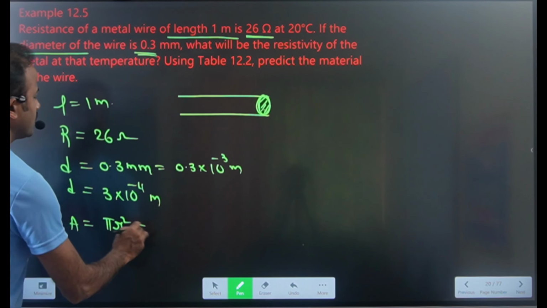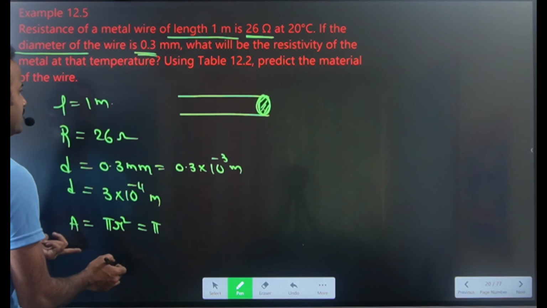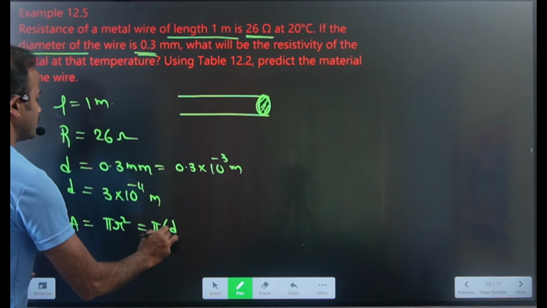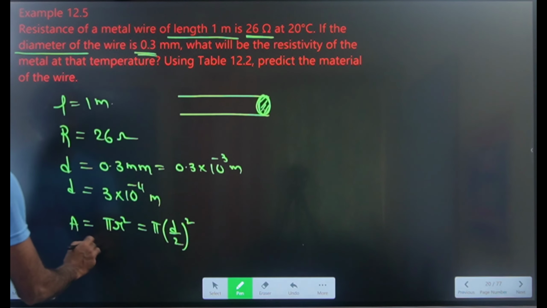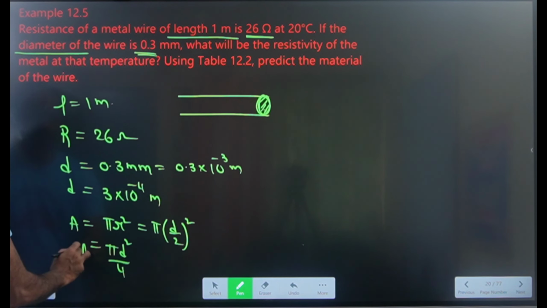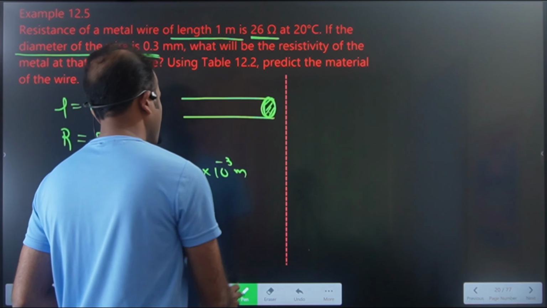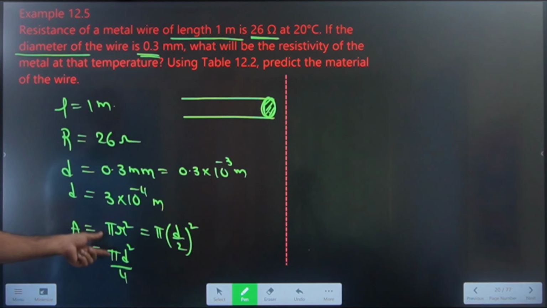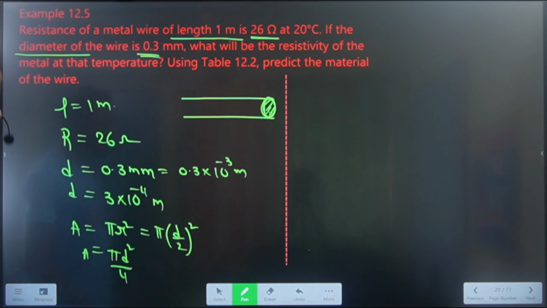Then what is the r value? The radius is diameter by 2, so d by 2 whole square. So this we can write as pi into d square by 4. Area equals pi r square, which is pi into d by 2 whole square, so area equals pi d square by 4.